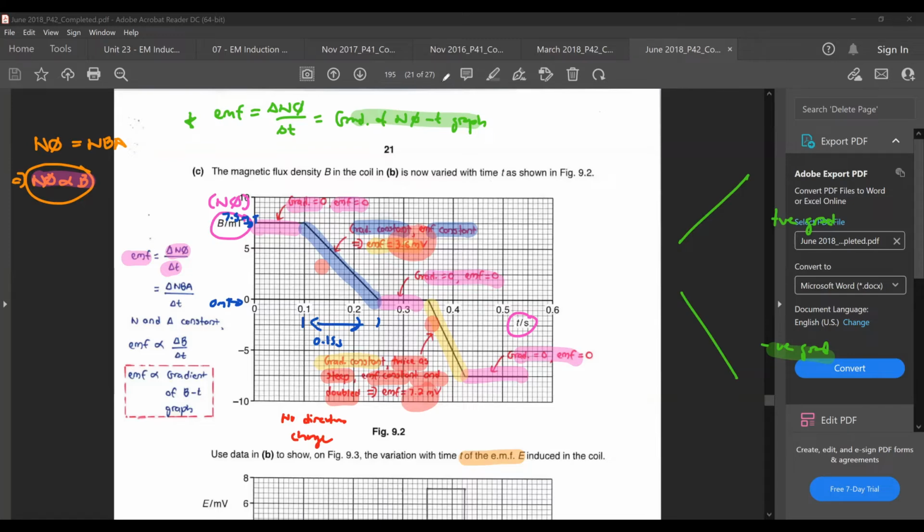Now for this one, how do I know that the gradient is double? It's somewhat similar to what we just did earlier when we said that gradient is change in y over change in x. When I look at this one, the change in y, and this one, the change in y, they're exactly the same. So in my case here, change in y constant, my gradient is actually inversely proportional to changes in x.